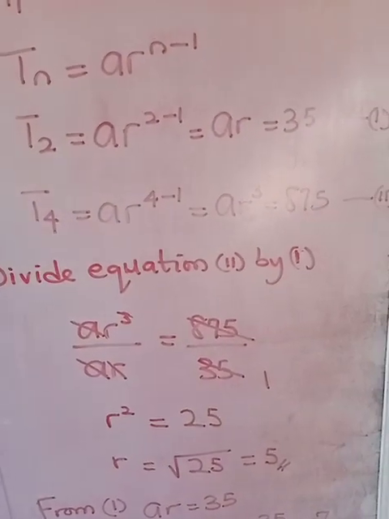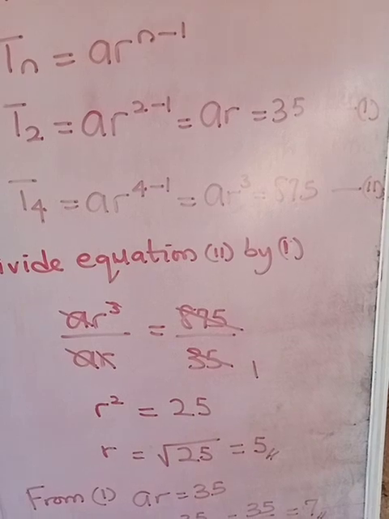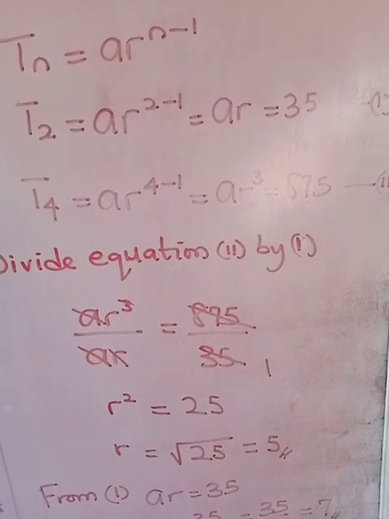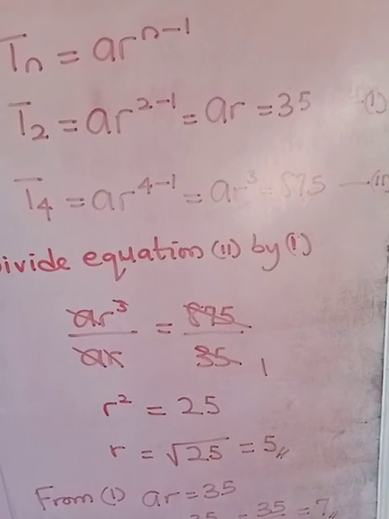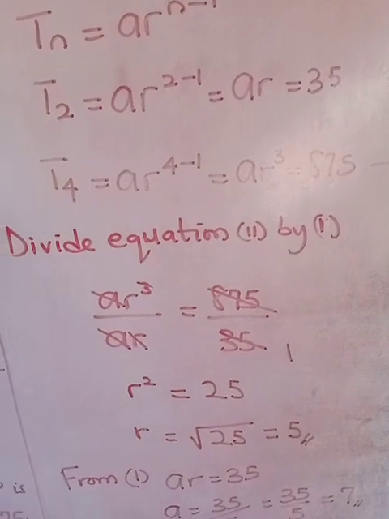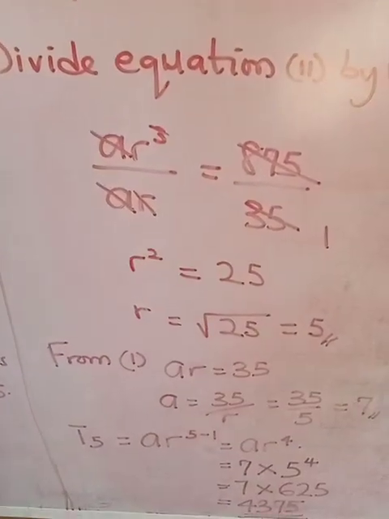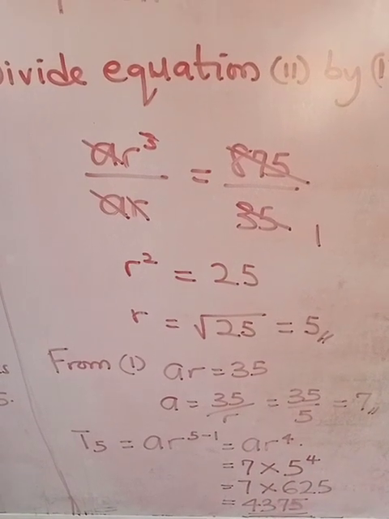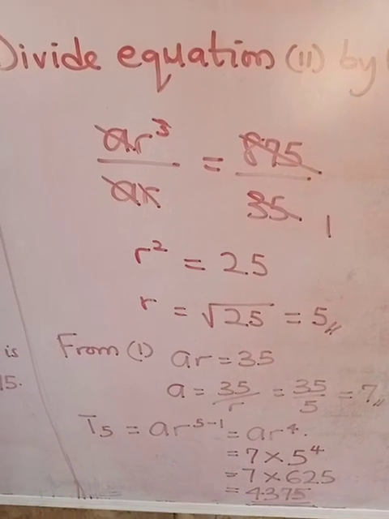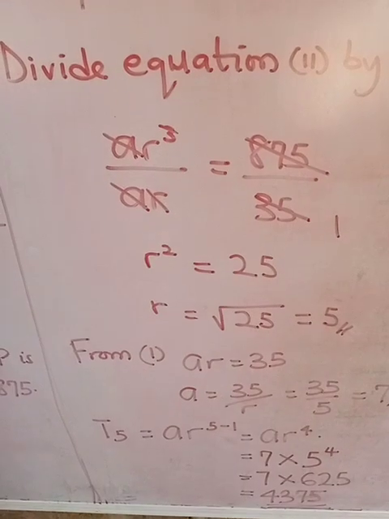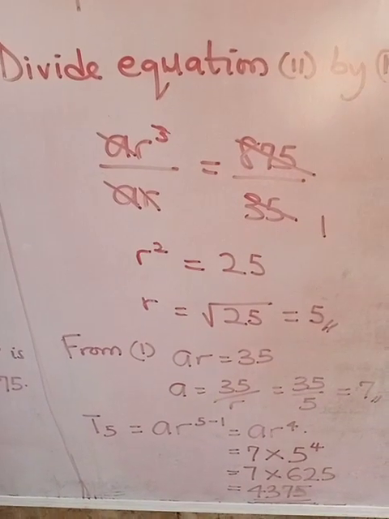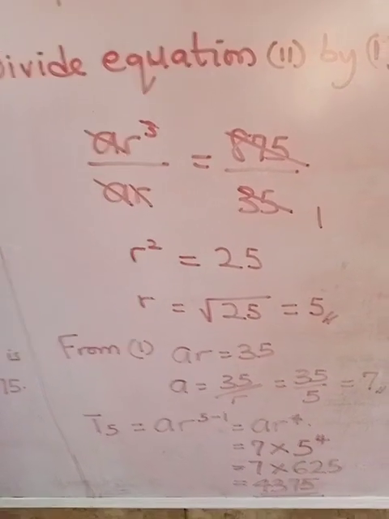T2 will be AR equals 35, T4 will be AR cubed equals 875. Then divide the second equation by the first to get R. After getting that, get your A from the first equation. Then T5 will be AR raised to power 5 minus 1 from the general equation. Then you get your answer.